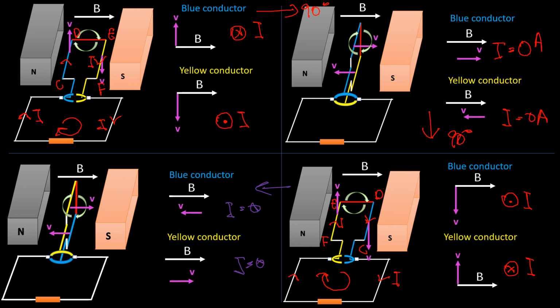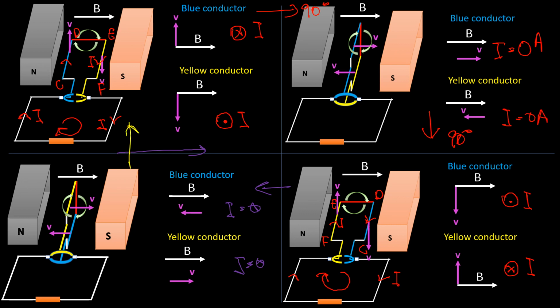Okay, so if you look at these four diagrams, they are always moving from the first diagram to the second diagram, the third diagram, the fourth diagram, and back to the first diagram in a rotation. So you will get current flowing in one direction.